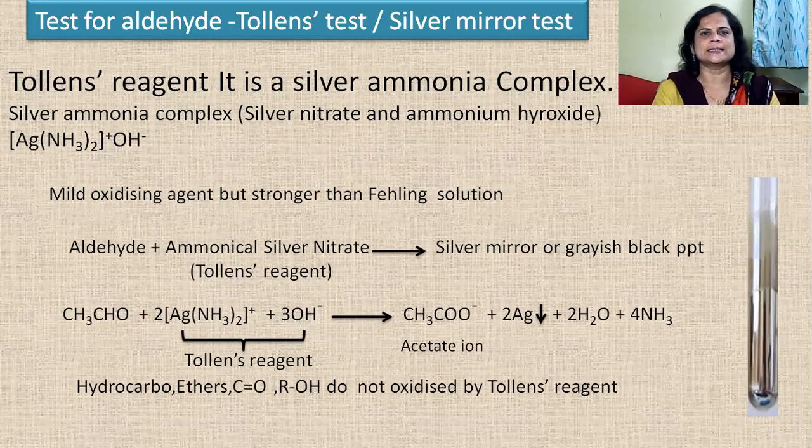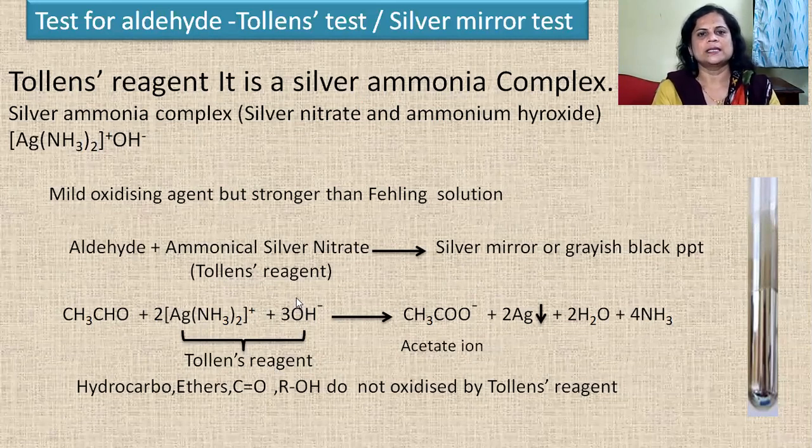The second test is the Tollens test, also called the silver mirror test. Tollens reagent is a silver ammonia complex, prepared by mixing silver nitrate and ammonium hydroxide. It is a complex compound of Ag(NH3)2+ and OH minus.